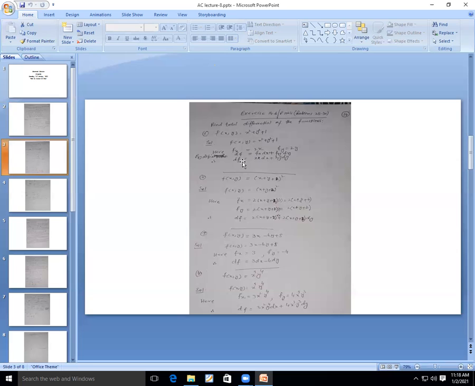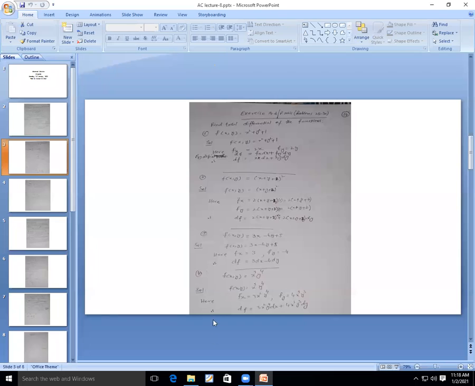So the differential of f is equal to 2x into dx plus 2y into dy. This is 2x, not x, it is 2x.